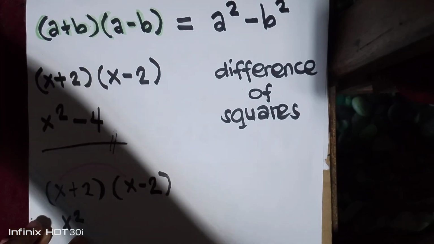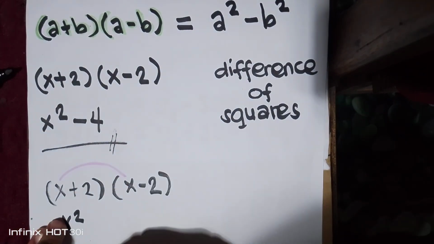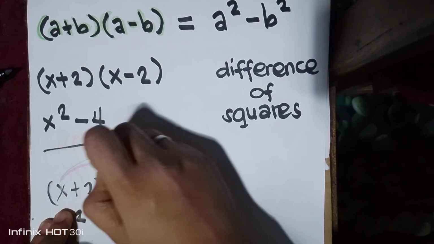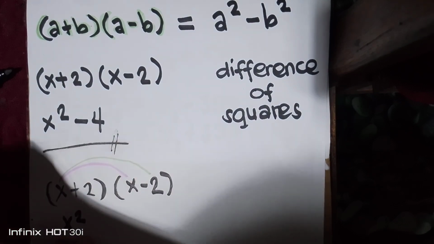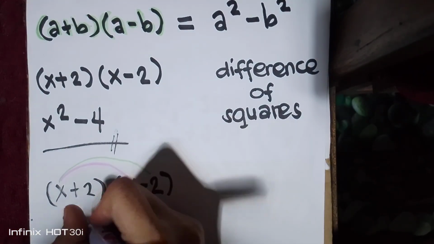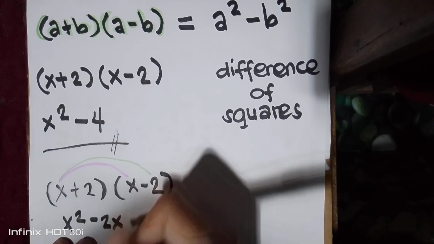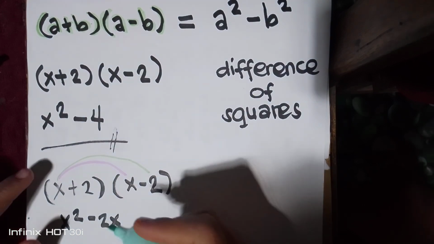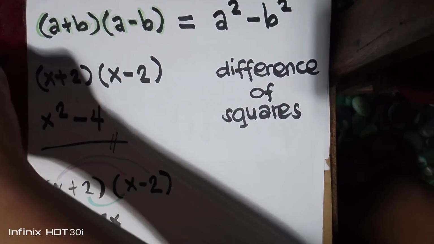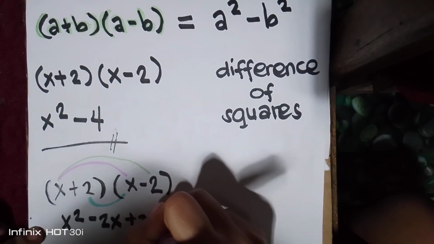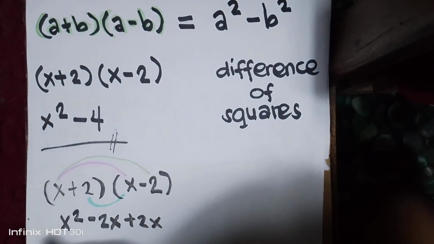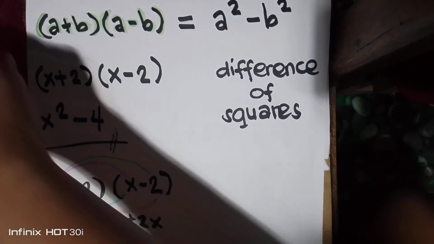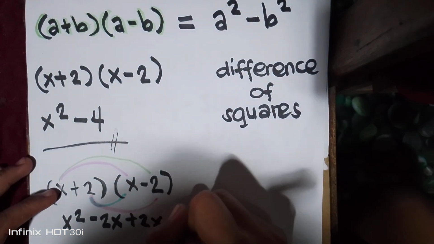and then x times the outside, x times negative 2 is negative 2x, and then the insides, we have 2 and x, plus 2x, and the last terms, 2 and 2, it's negative 4.